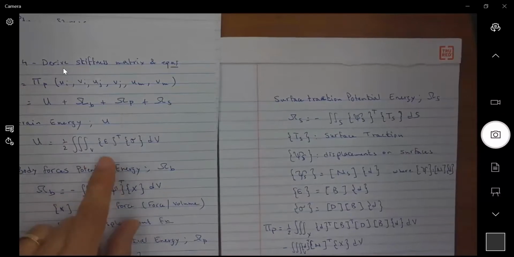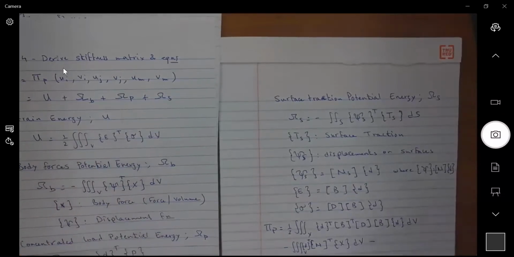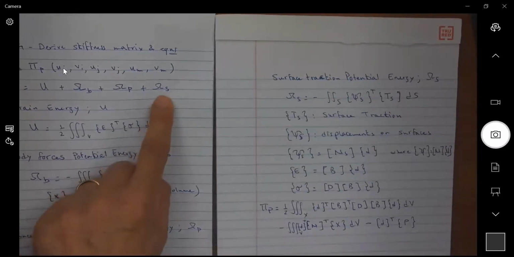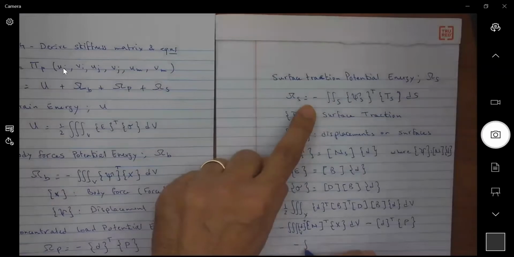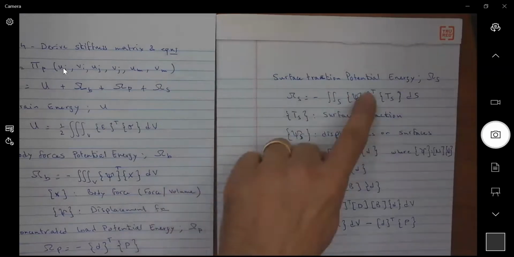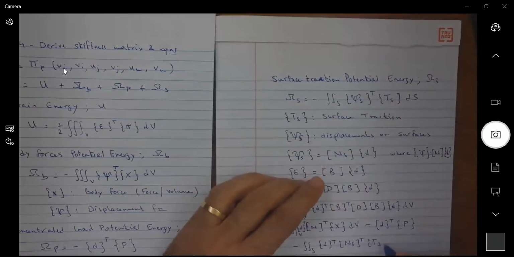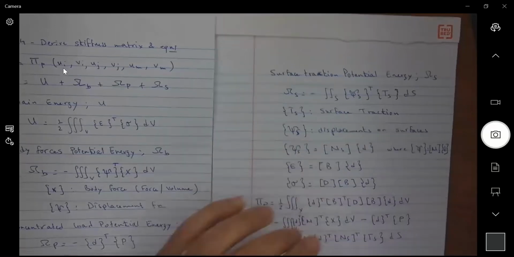Then for the concentrated loads, I'm going to have minus D transpose multiplied by P. And then finally for gamma S, I'm going to use a minus the double integral over the surface of psi S transpose. I'm going to put here the D transpose times NS transpose multiplied by TS dS.